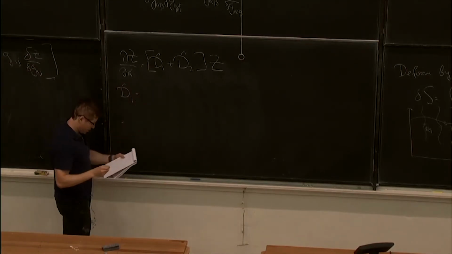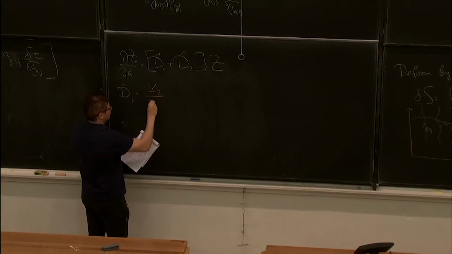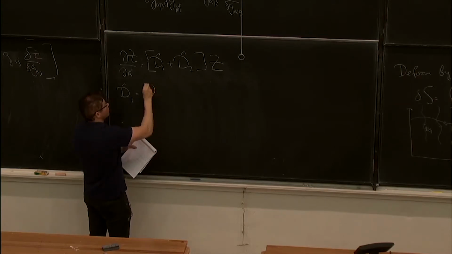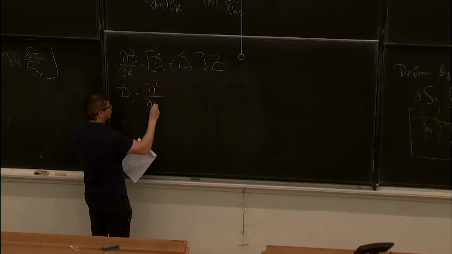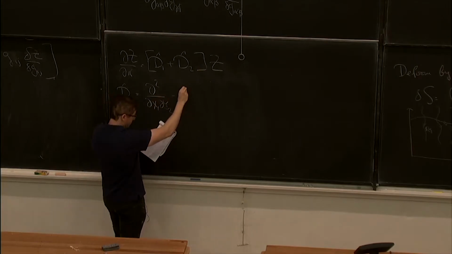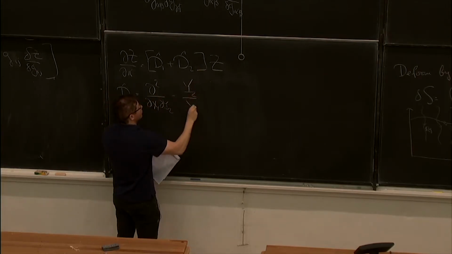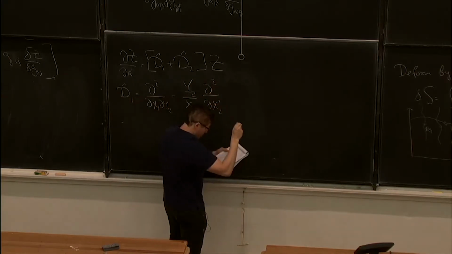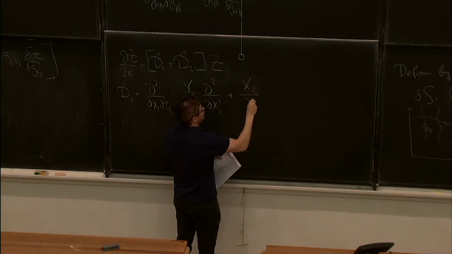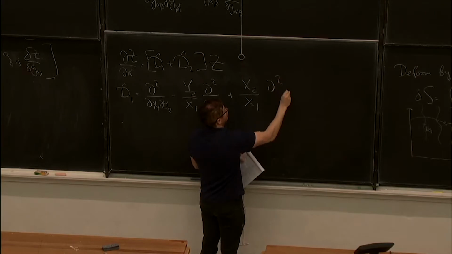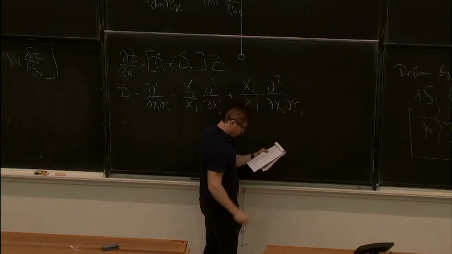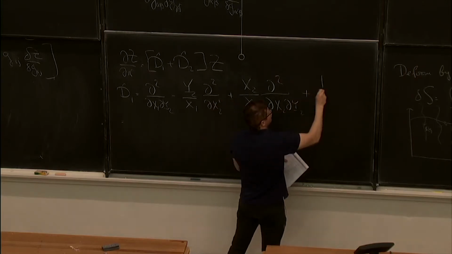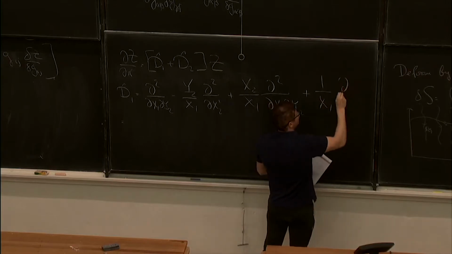So the first one is going to be d squared over dx1 dy2 minus y2 over x1 d squared over dx2 squared plus x2 over x1 d squared over dx2 dy2 and 1 over x1 d over dy2.